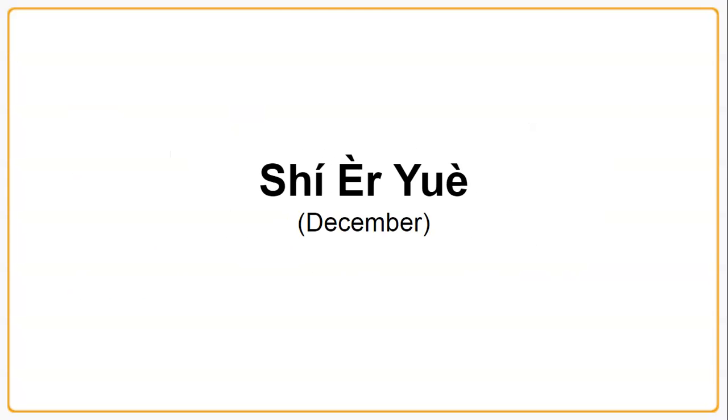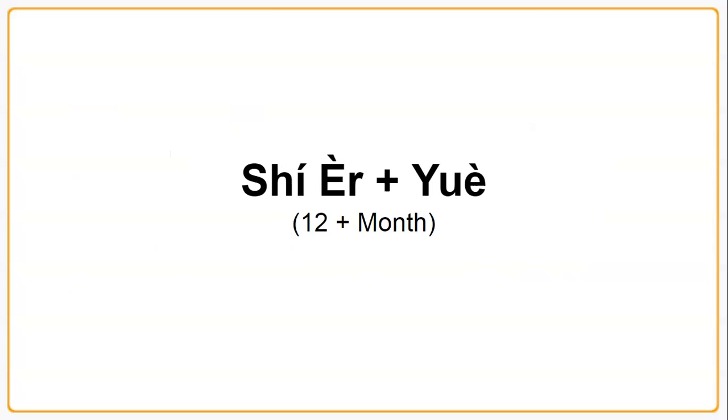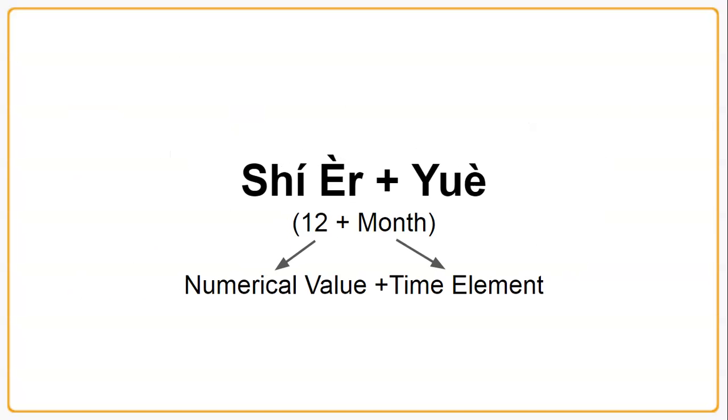In Chinese, December is 12月. So if we break this down, there is 12, which means 12, and 月, which means month.